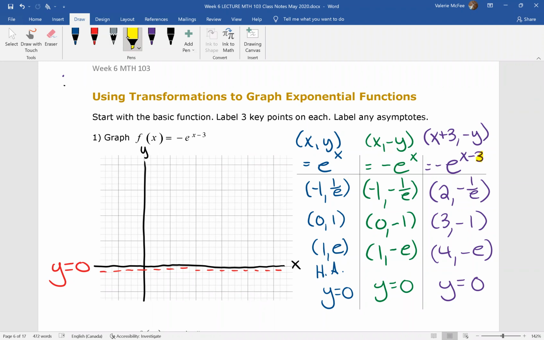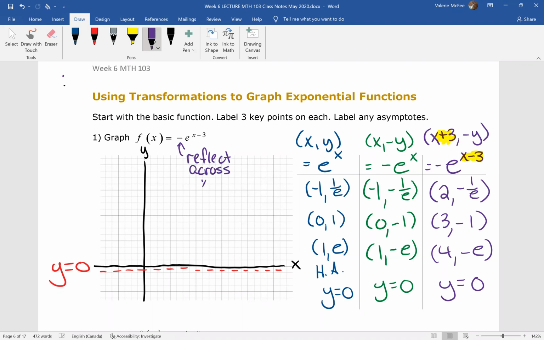This -3 was inside the function with x. That meant we were changing x. And whenever it's a -3, we know we're going to add 3 to all of our x values. Again, you should graph your asymptote first because it gives you a sense of where your graph should go. But you should know what's happening here. This negative was a reflection across the x-axis.